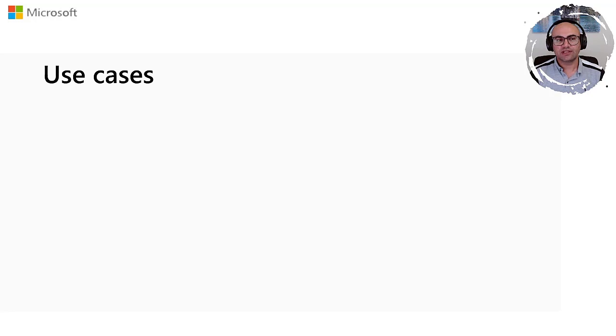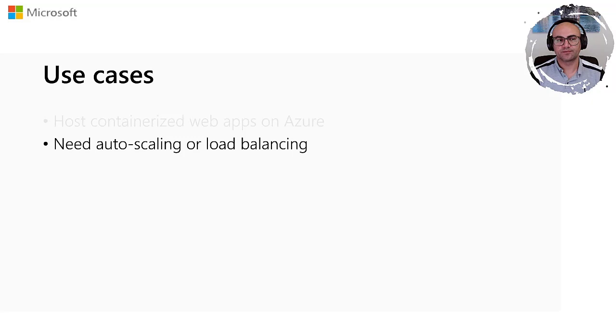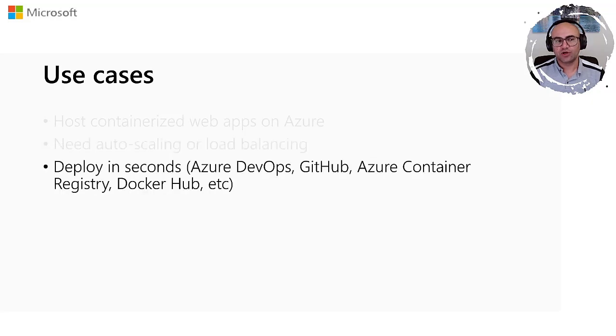If you wanted to have a look at a few use cases of running containers on app services, the first one is that you can host your container as web apps on Azure really easy and in seconds. If you need auto scaling and load balancing, you should use Azure App Services over other services such as container instances. You can deploy your images in seconds using integration with Azure DevOps, GitHub, Azure Container Registry, and Docker Hub.